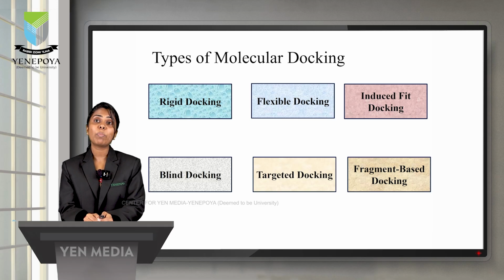Fragment-based docking means the ligand is broken down into several fragments, and each fragment goes and docks to the protein. Afterwards, the ligand is grown and bound together.